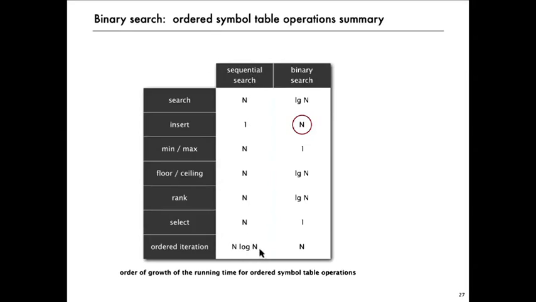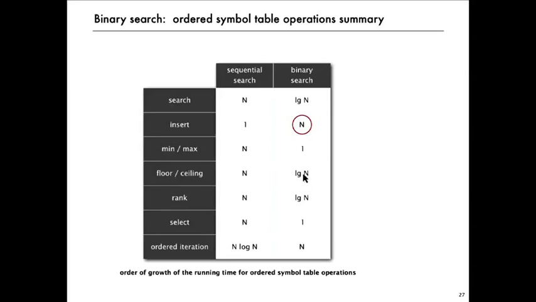So, for example, to provide ordered iteration, you have to get them sorted, and that's going to be a lot of work and take n log n time, whereas with binary search, you just iterate through the things in order. Give me the seventh key, we just go and look there, they're in order. The rank operation, that's essentially what binary search provides. That's our basic implementation, is providing rank.